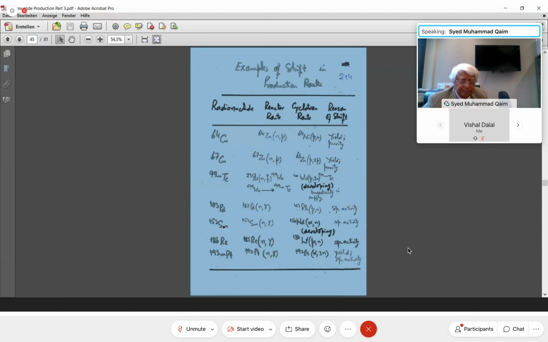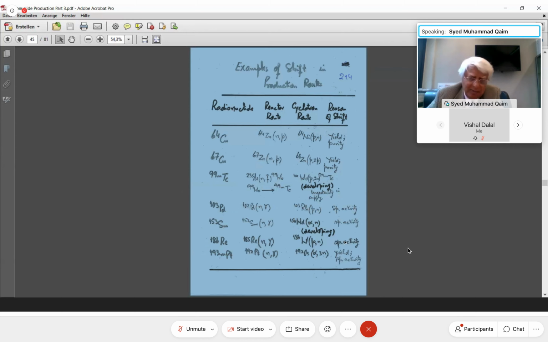Samarium-153, I've just shown you (n,gamma) is the method of choice, but the specific activity is low. So some attempt has been made to go via the (alpha,n) reaction on neodymium-50, but this is also developing. It's not far advanced enough that one could use it. Rhenium-186 was produced by (n,gamma) in a reactor, now one has gone over to (p,n). Why to (p,n)?